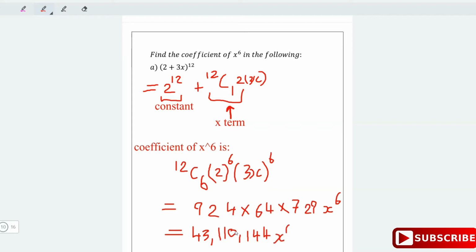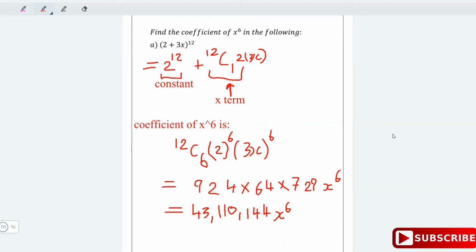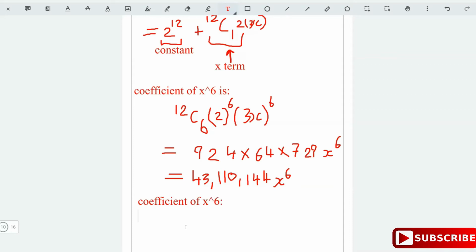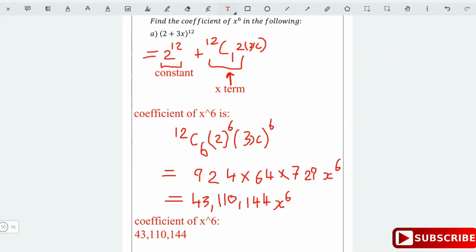And remember, coefficient is the number that you get before it. So you would simply write that the coefficient of x to the 6 is given by 43,110,144.